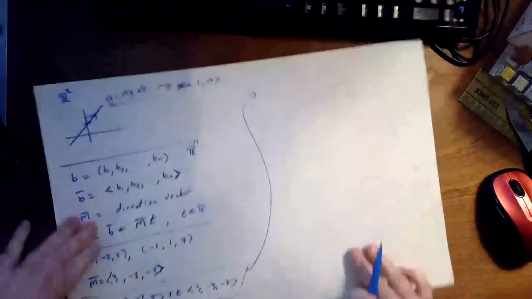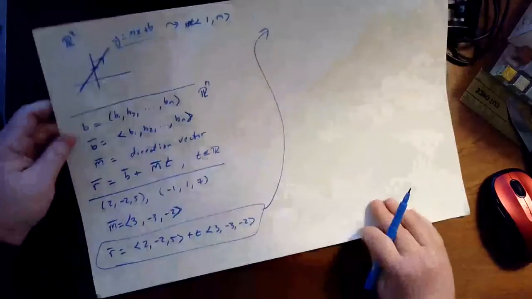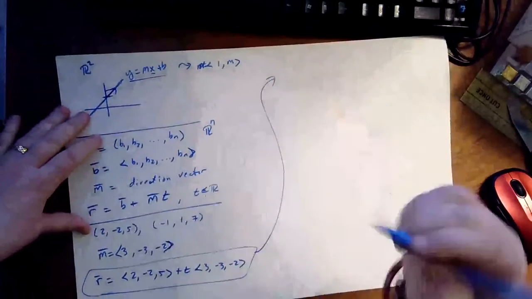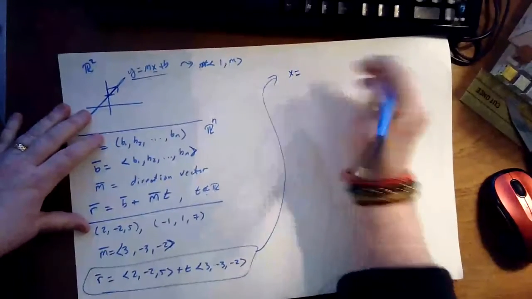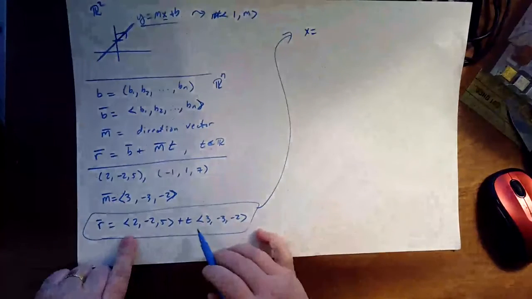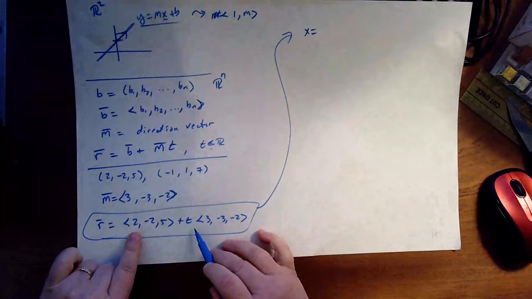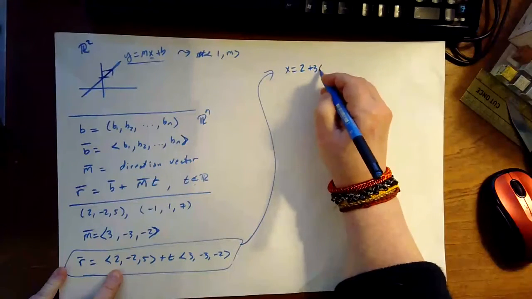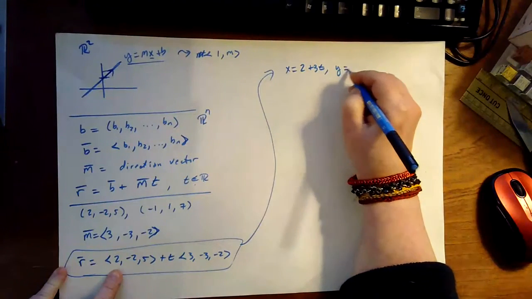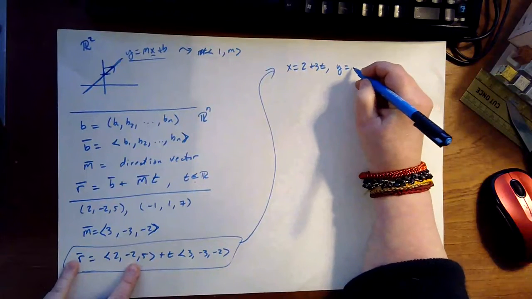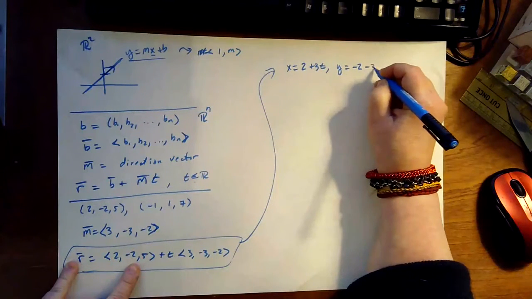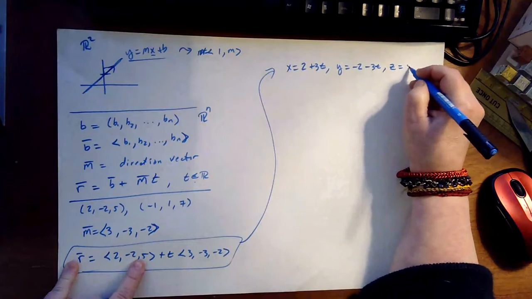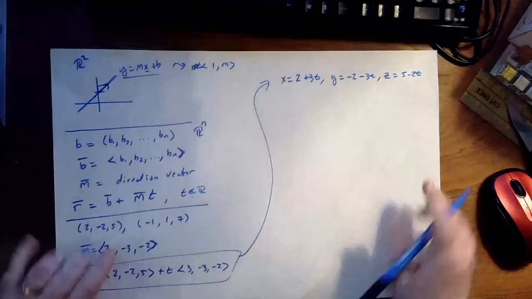What else can we do? We can also describe the line parametrically. We could say that x is equal to, well, I'm looking at this equation, 2 plus 3t. y is equal to -2 minus 3t, and z is equal to 5 minus 2t.